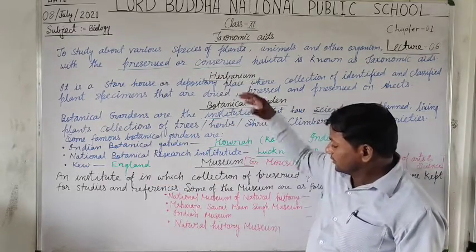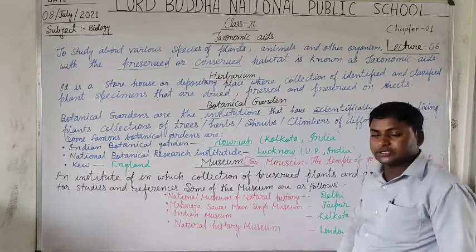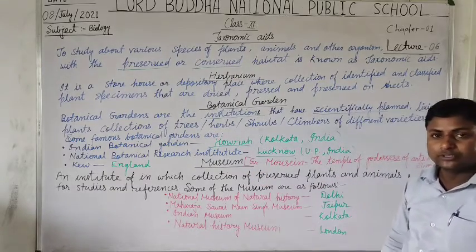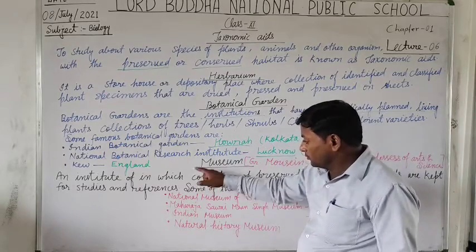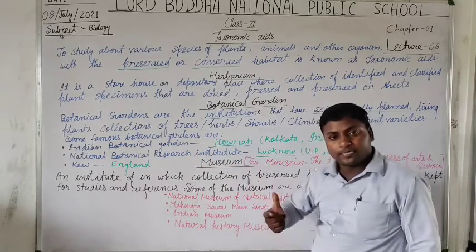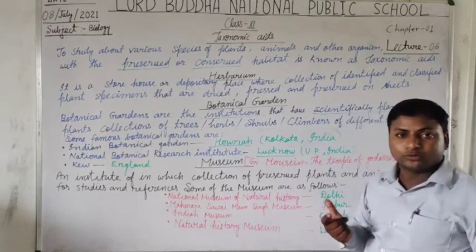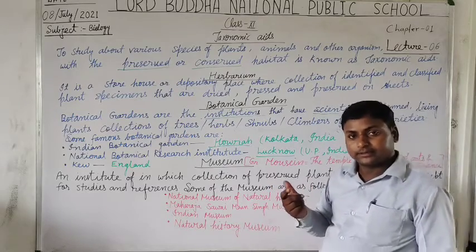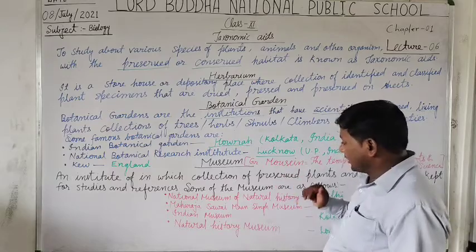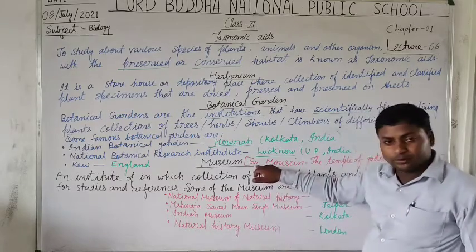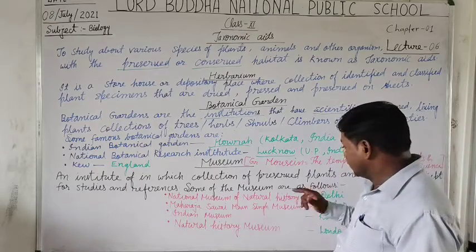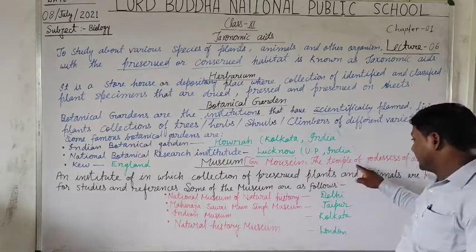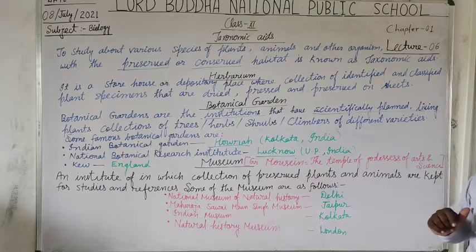Now students, the next will be museum. What is museum? Here we will first know what the term museum is and where it is taken from. The term museum is derived from the Greek word Mouseion, which means the temple of the goddesses of art and science.